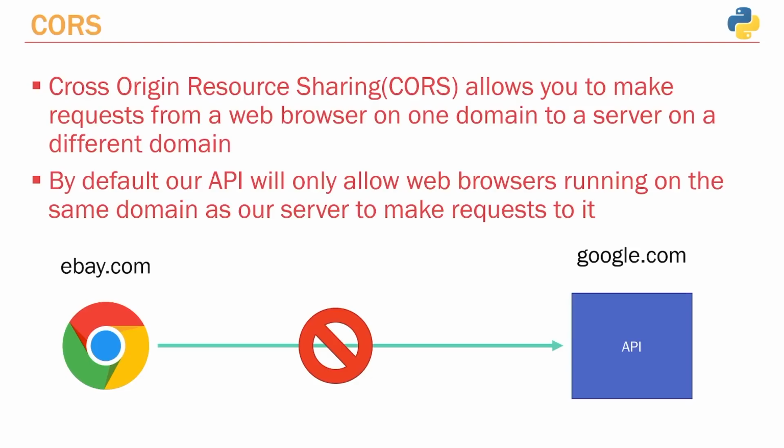And so what exactly do I mean by that? Well, if our API is hosted on google.com and our website is hosted on ebay.com, ebay.com by default cannot send a request to an API running on a different domain like google.com. It's going to get blocked by CORS. However, if our website was also running on google.com and our API was also running on google.com, then they'd be able to talk just fine by default.